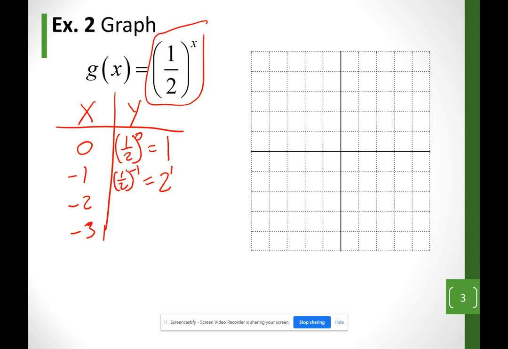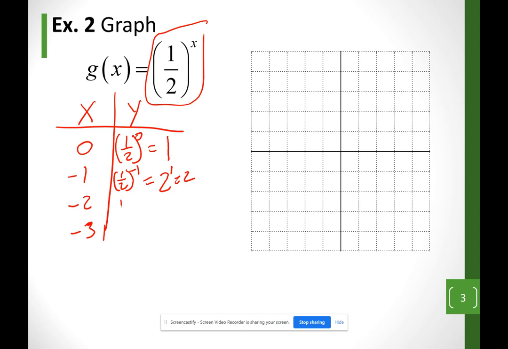Notice how my negative exponent, if I switch it to positive, undoes my fraction. And why? Because it does the reciprocal. The reciprocal of 1/2 is 2 over 1. So if I had a function with 1/3 to the negative, my negative makes it a 3. The negative undoes my fraction. So 1/2 to the negative 1, I'm looking at that as 2 to the 1. That's 2.